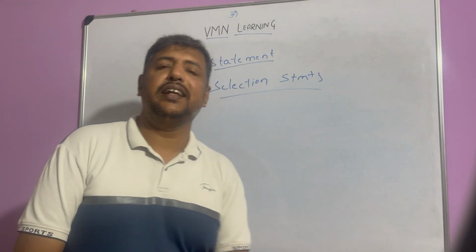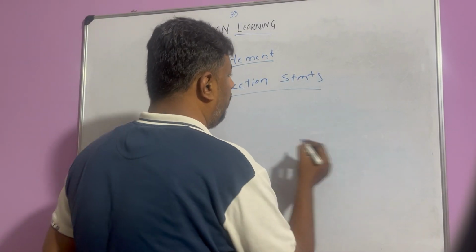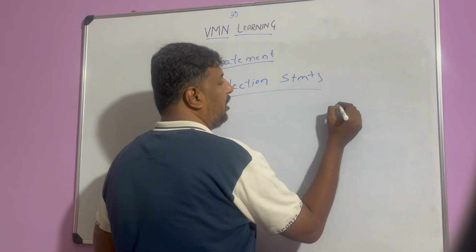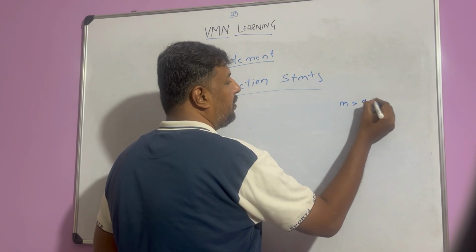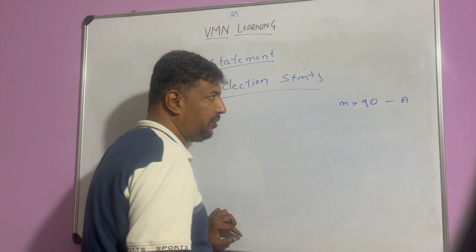Now consider a grading system. Let's see, if marks is greater than 90%, then A is your grade.